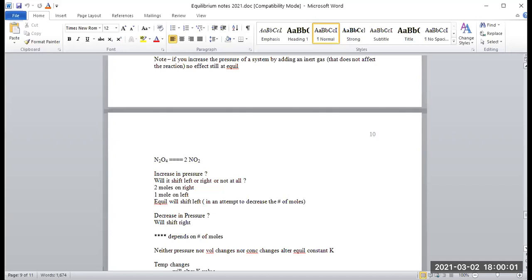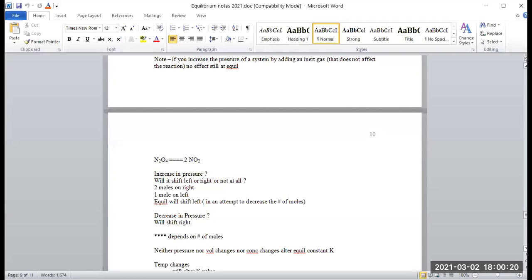If I increase my pressure on this equilibrium, is it going to shift left or right, or is it going to sit there and do nothing? Because I have 2 moles on the right and 1 mole on the left, it's going to shift left.